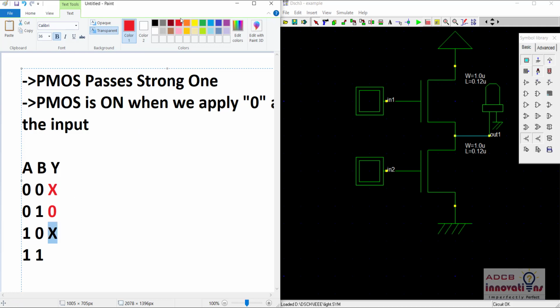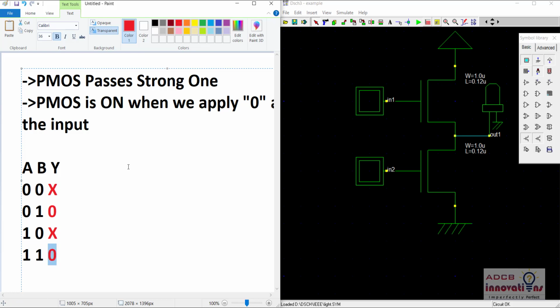Now the final case is when both are 1. Both of them will be short circuited, the VDD supply will move directly towards the ground, everything will be grounded and we will get a strong 0.